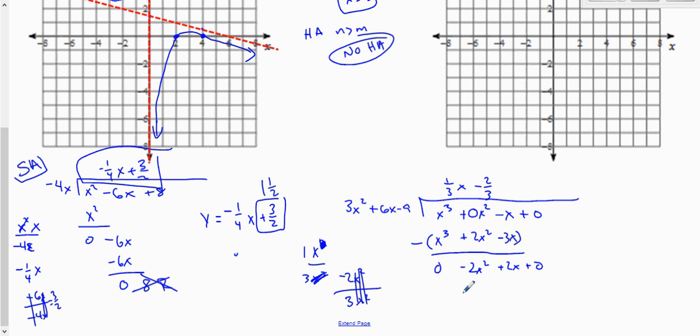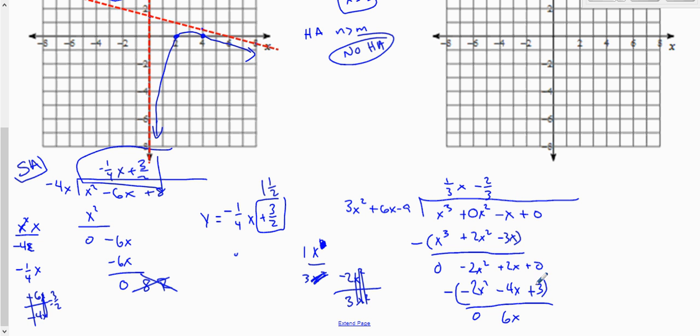When I multiply, I get negative 2x squared. Negative 2/3 times 6 is negative 4x. Negative 2/3 times negative 9 is positive 6. I subtract, I get 0. 2x minus negative 4x is positive 6x.